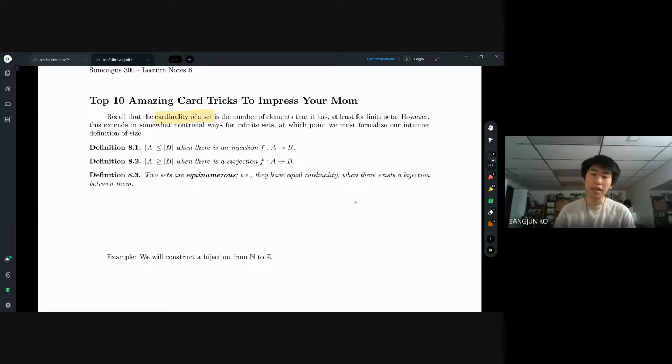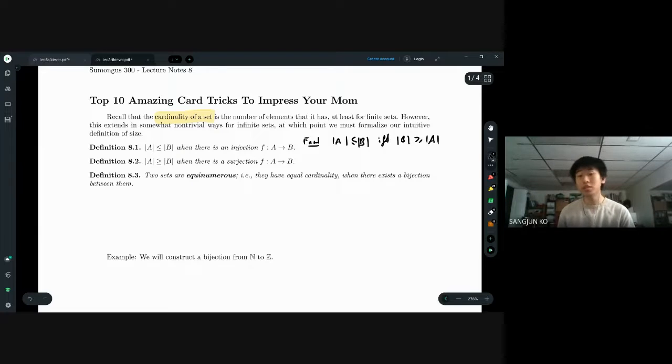It's also a fact that I think we're going to do next lecture, that these two conditions are equivalent. It's also a fact that if A is less than or equal to B and B is less than or equal to A, then these are equal.